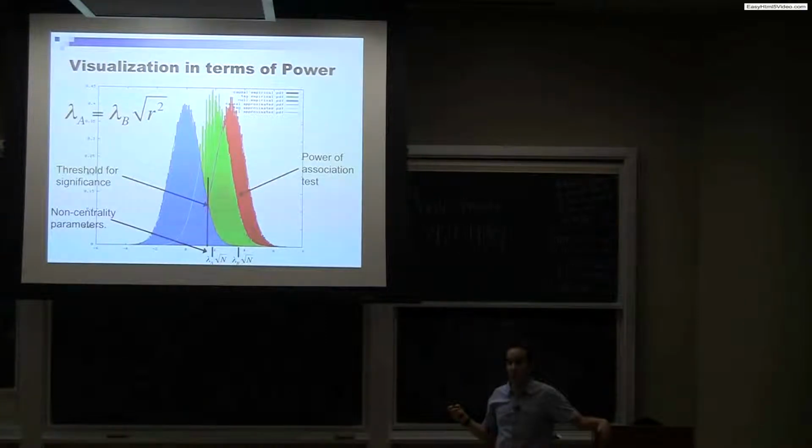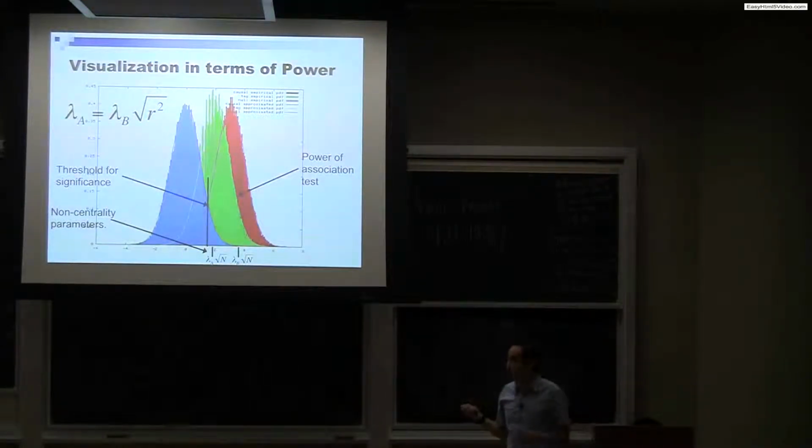The less correlated you are to the variant that's actually causing disease, the lower your power is. Once your correlation is 0, you have basically no power. That makes sense, right? What happens as the correlation gets really high, as you go to 1? The power of the green becomes the same as the power of the red. So the green and the red are the same, okay?